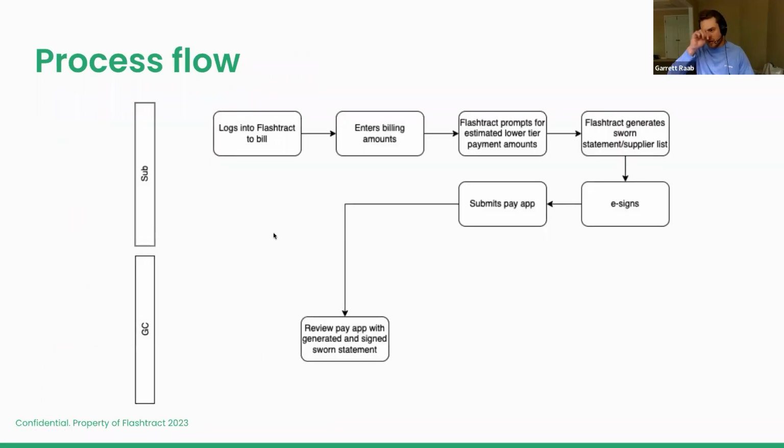So what does that process actually look like? I spoke to it a little bit, but in a nutshell, the subcontractor would still log into Flashtract like they do today, enter their billing amounts, and then as soon as they've done that and they've continued to the next step, we will prompt them to enter their estimated payment amounts for all of the lower tiers in the lower tier list.